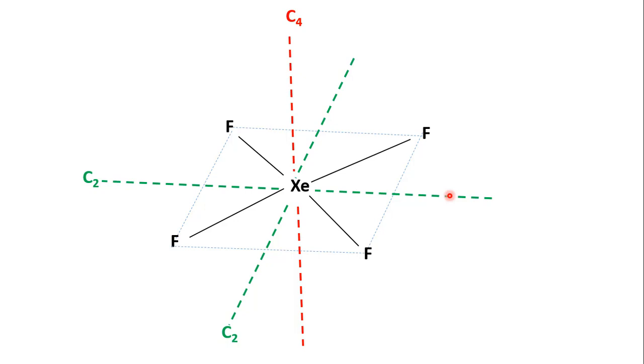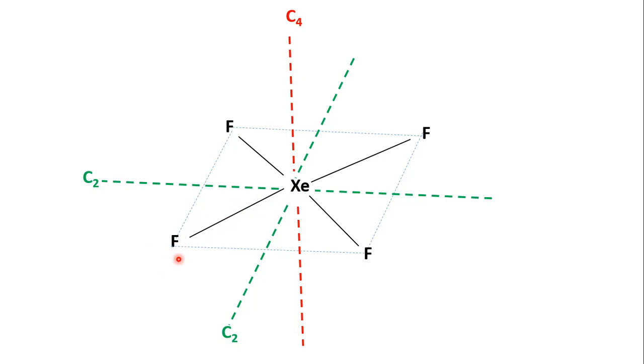Once again, now you have the xenon tetrafluoride marked now by more axes. C4 is perpendicular to the molecular plane passing through the xenon atom, whereas the C2 axes are contained in the molecular plane. In this case, the C2 axis bifurcates the two.